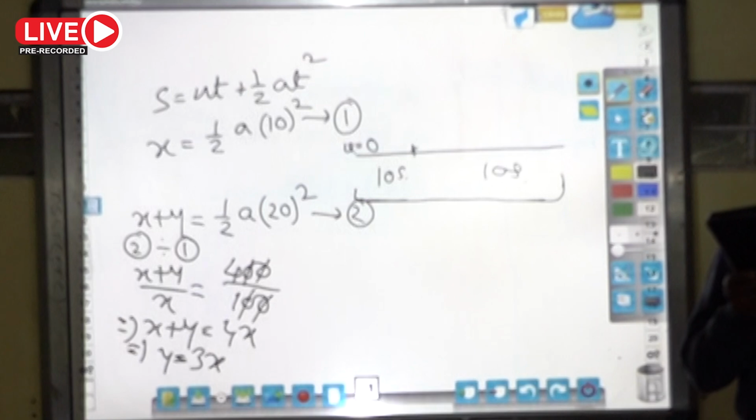Option C: at by a plus b. Option D: a squared b squared t by a plus b. It is a very common question.